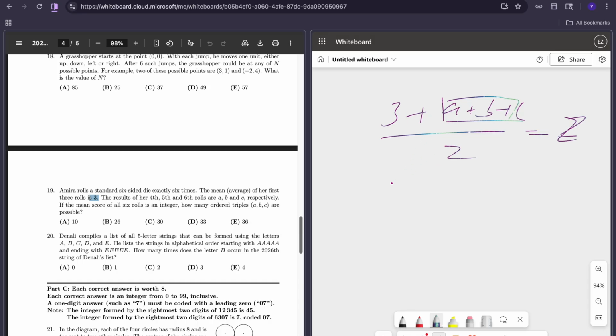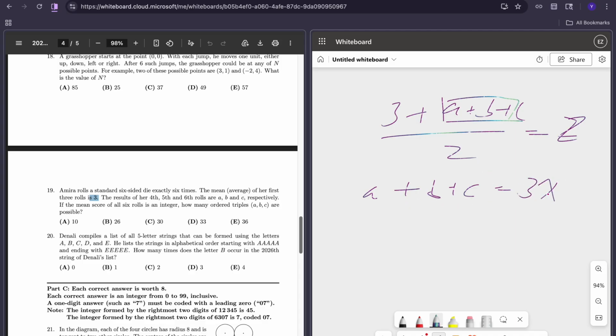So to do this, first of all, A plus B plus C should be divisible by 3, so we say 3x.